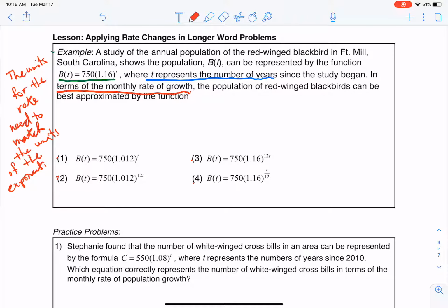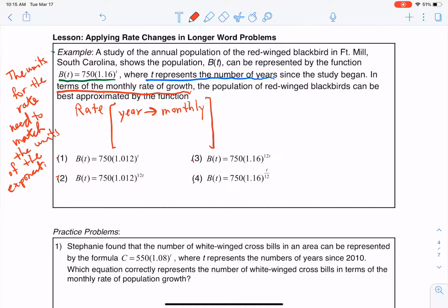All right, so let's look first at the rate. This rate is given to us in terms of a yearly rate, and we need to change it to a monthly rate. So here we are getting smaller. Our time frame is getting smaller.